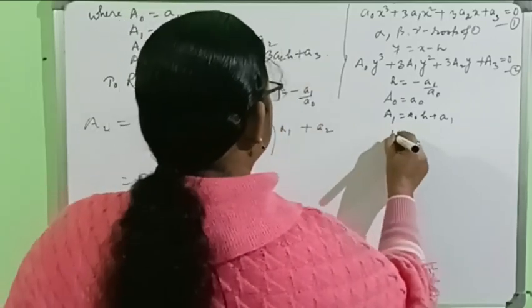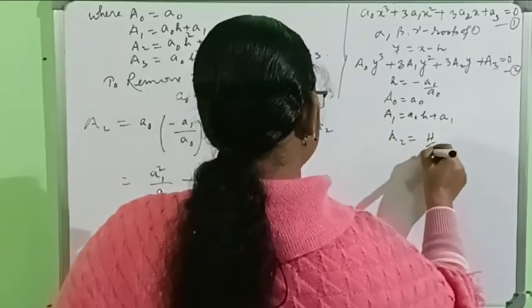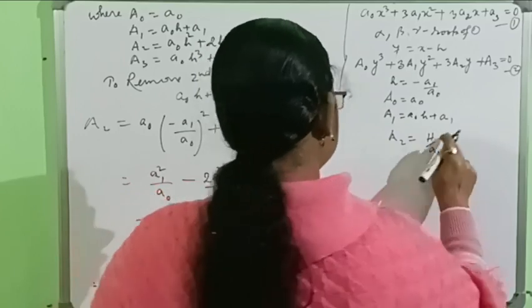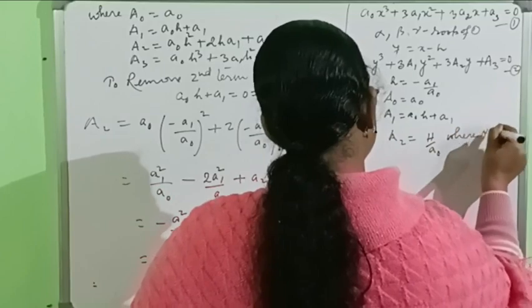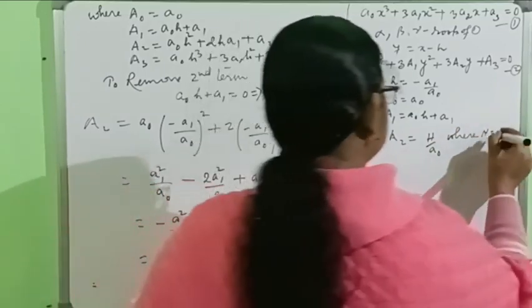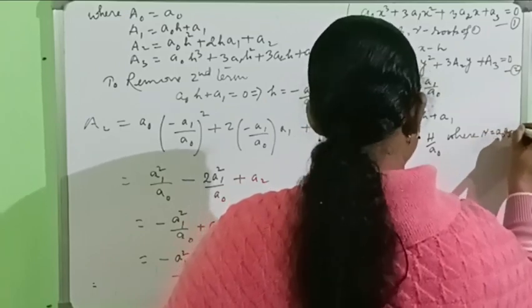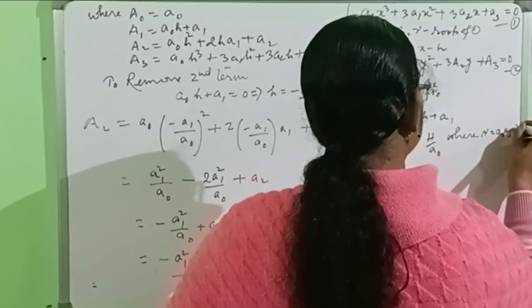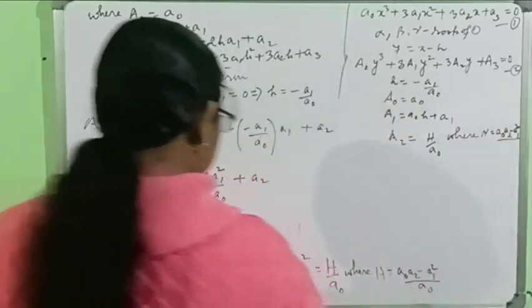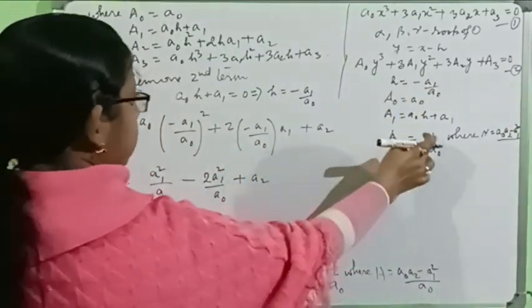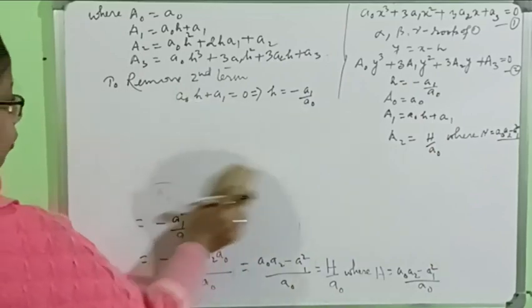So write the value of a2: a2 is H by a naught, where H is a naught a2 minus a1 square. Now I am going to find out the value of a3.